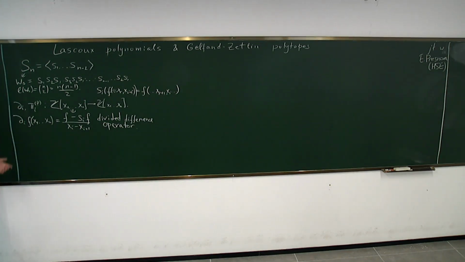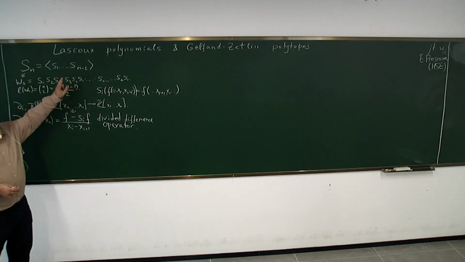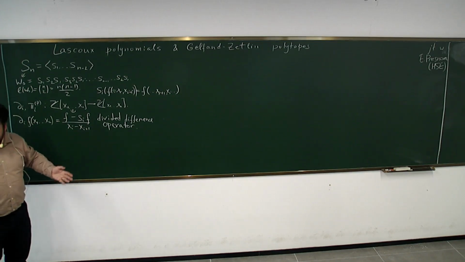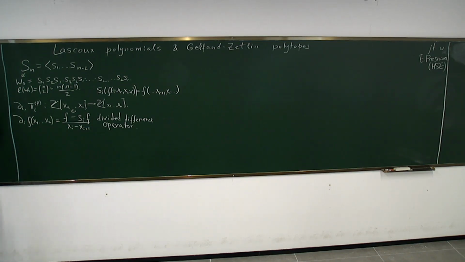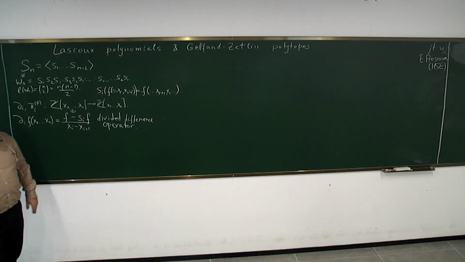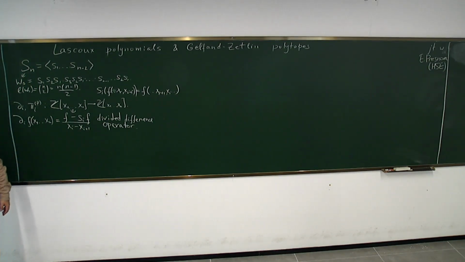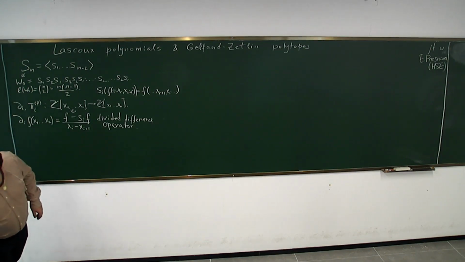These operators satisfy the same relations as elements in the symmetric group, except for idempotency. The square of such a thing is 0, but they still satisfy braid relations and commutativity, so they form something called the nil-Hecke algebra. If you want to know more about this, ask Tolia. He's a great expert in this.